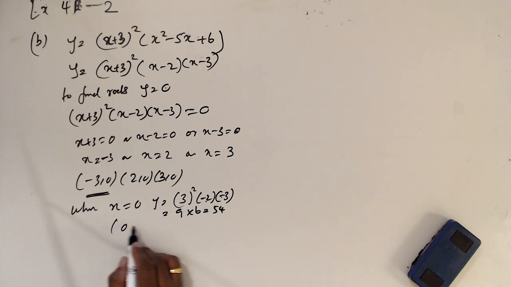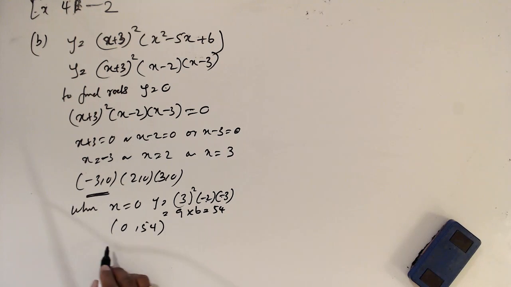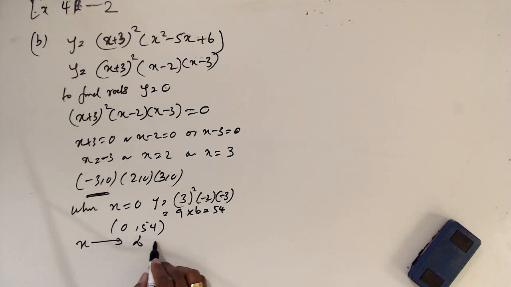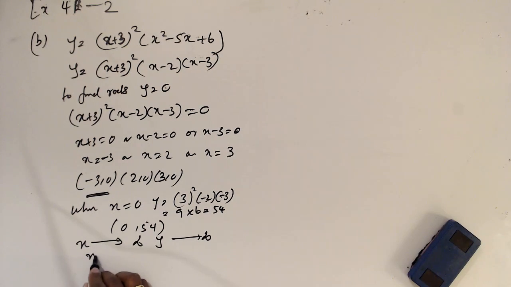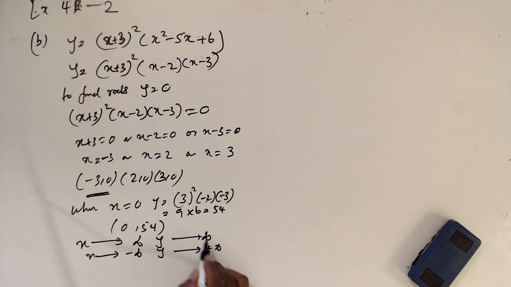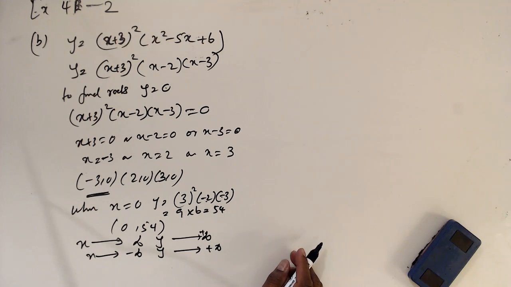So this one is (0, 54). Now as x goes to positive infinity, y goes to positive infinity, and as x goes to negative infinity, y still goes to positive infinity.